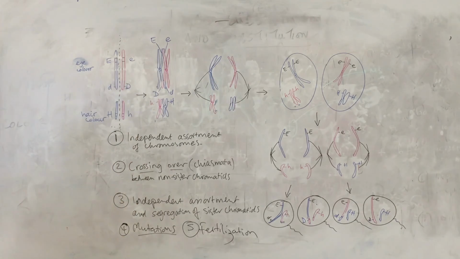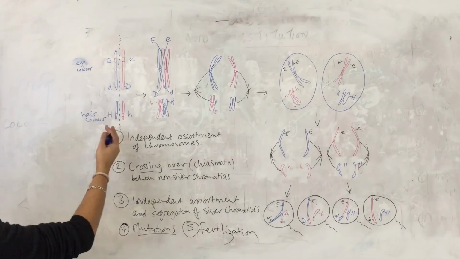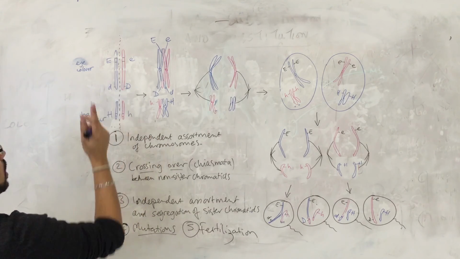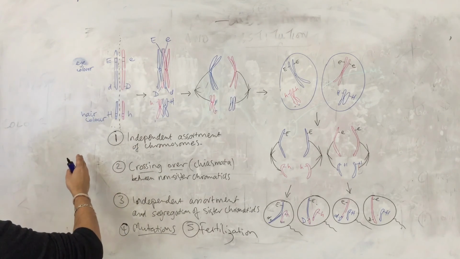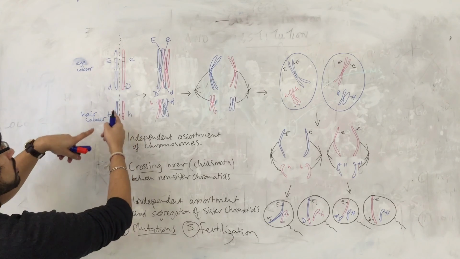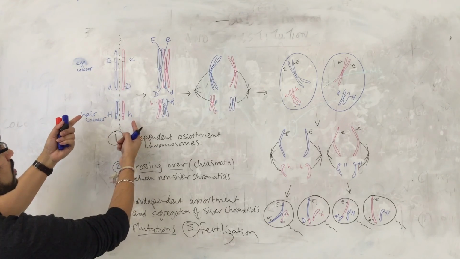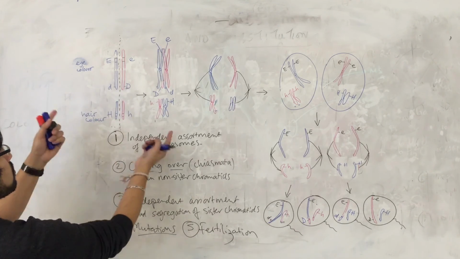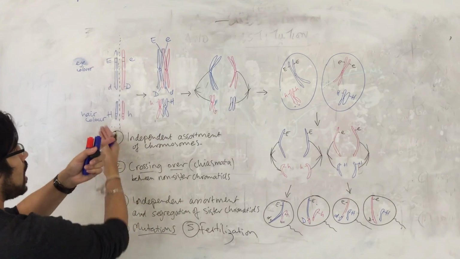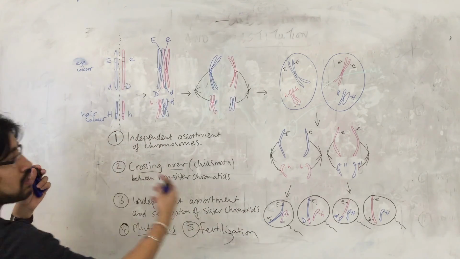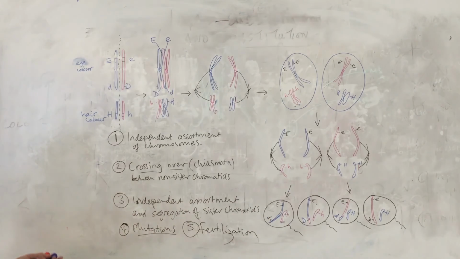Okay, that's meiosis right there. Some gametes will end up with this, other gametes will end up with that, all right? But you don't know whether the pink one was on this side or the blue one was on that side. So if the pink one was on that side and the blue one was on the other side, then with meiosis we've increased the number of variations.